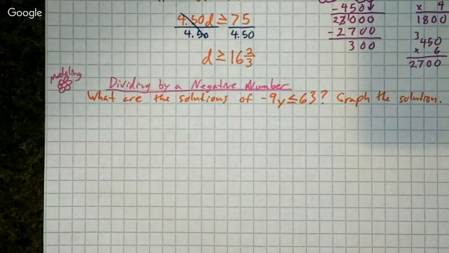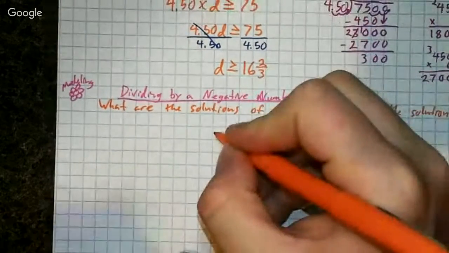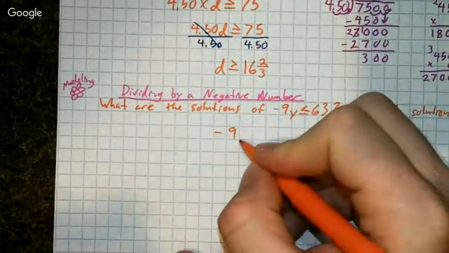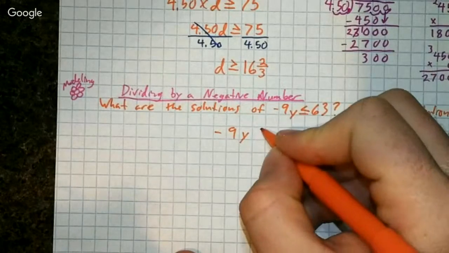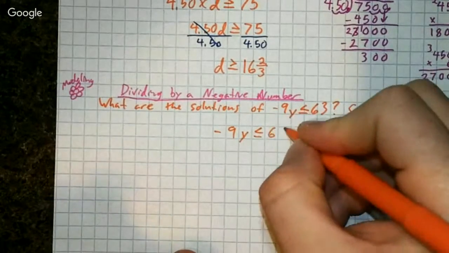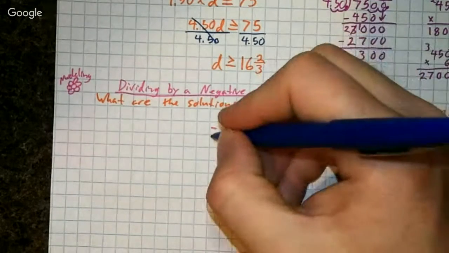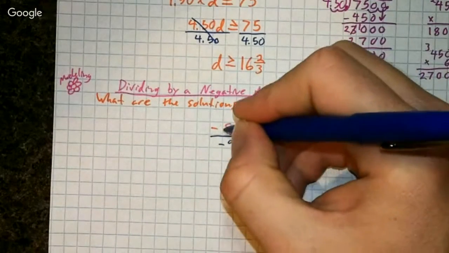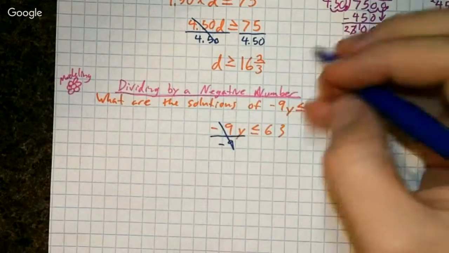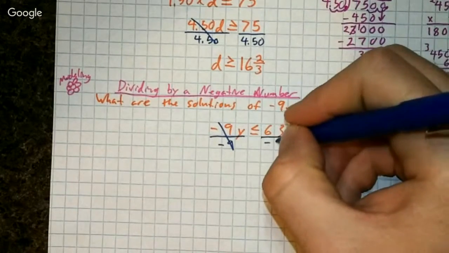Okay, so first of all, we're going to rewrite our problem, which is negative 9y is less than or equal to 63. And we're going to go ahead and get our variable alone. We are going to divide by negative 9. If we do that, they'll cancel out, and we're going to divide here by negative 9.